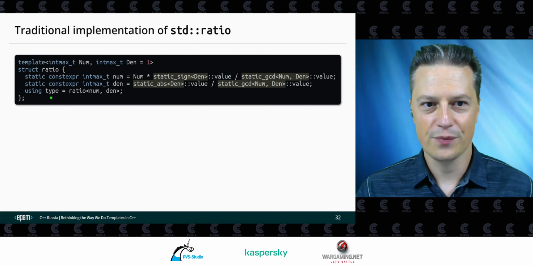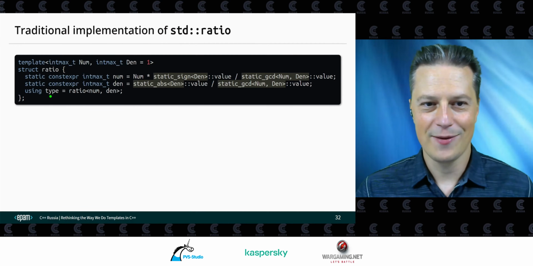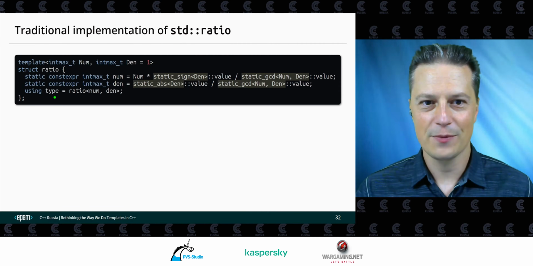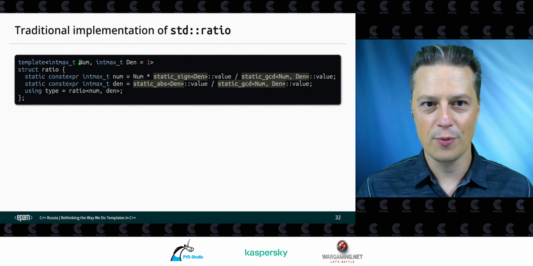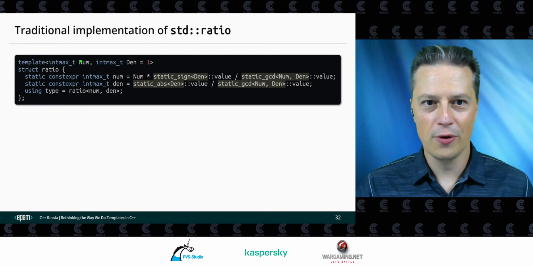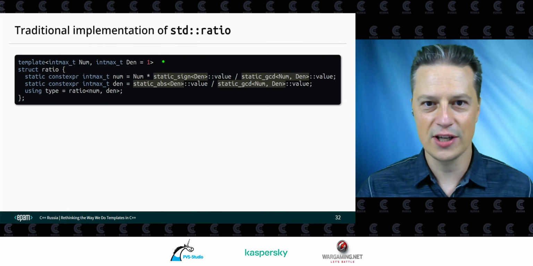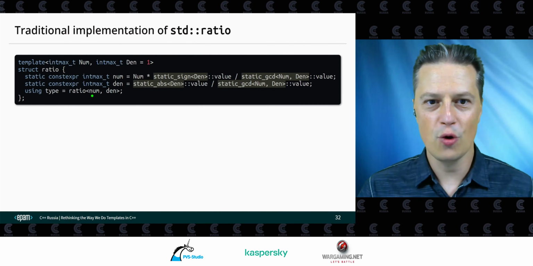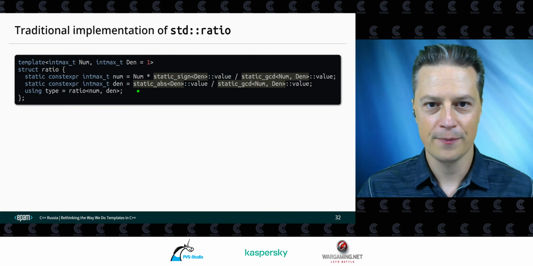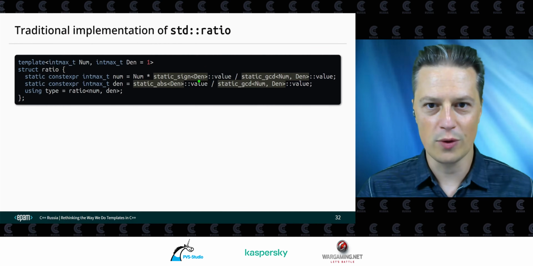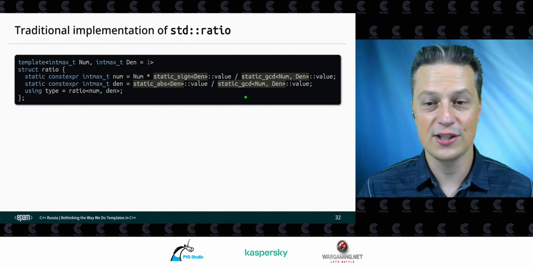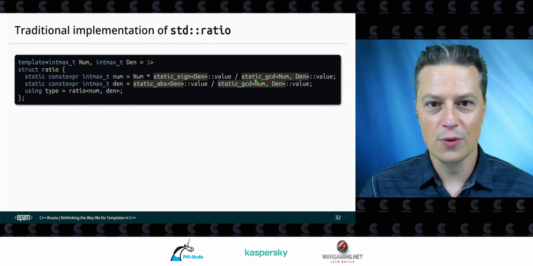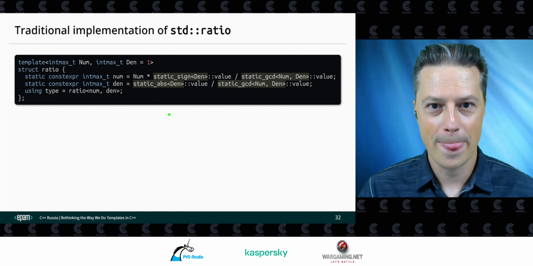That's why there is a type member here that provides those already normalized values. So if you put 1 and 2, 2 and 4, 3 and 6 here, it doesn't matter. Always 1 and 2 will be provided here, because those will be calculated here with static sign, static GCD, static ABS, and all of those are class templates too.